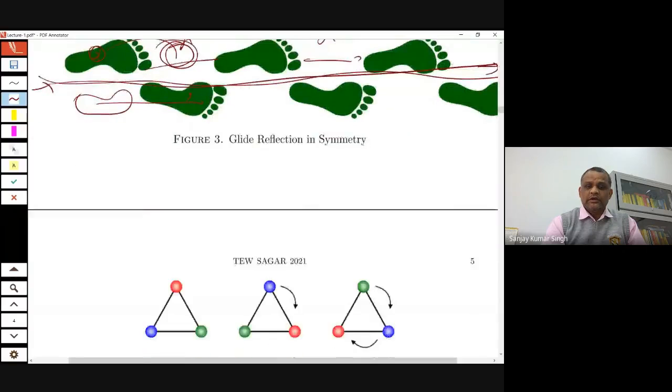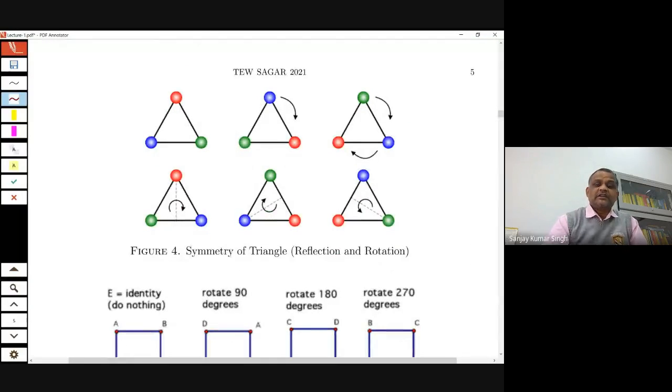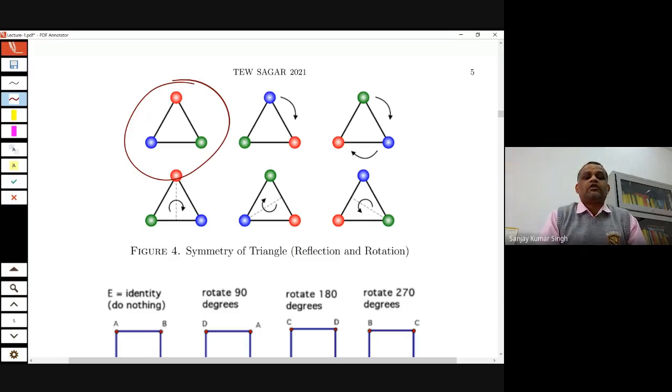Now more examples. Let us take a triangle, and again I am talking about what are the possible symmetries, what are the possible transformations in this plane such that this object goes to exactly the same. There is no change in this object after applying the transformation. Another example is that if I rotate our plane by 120 degrees, then what will happen to this triangle?